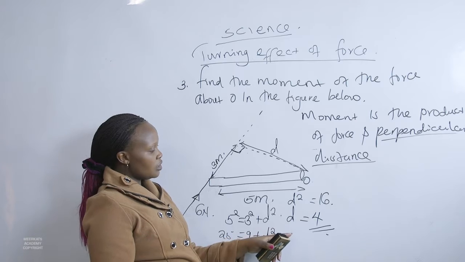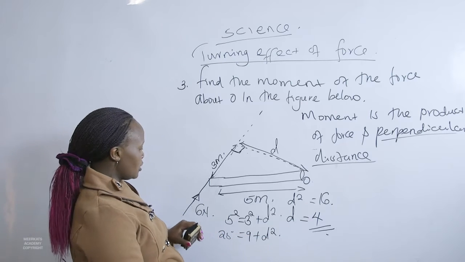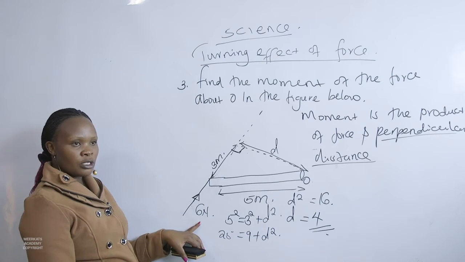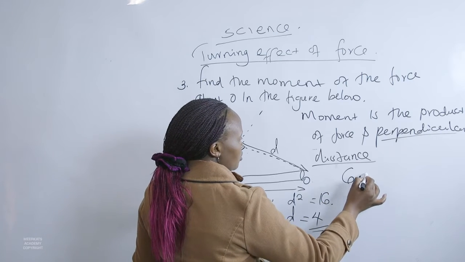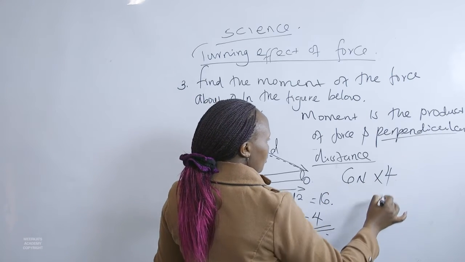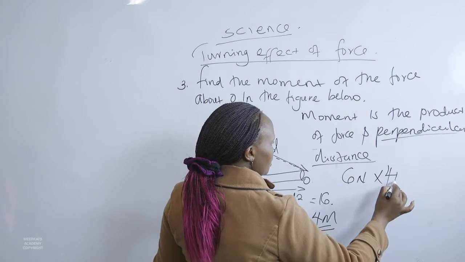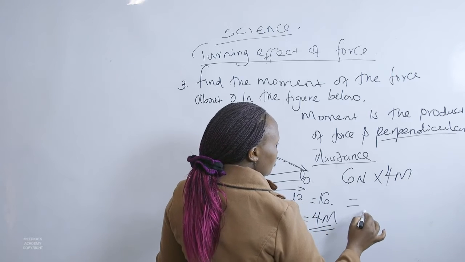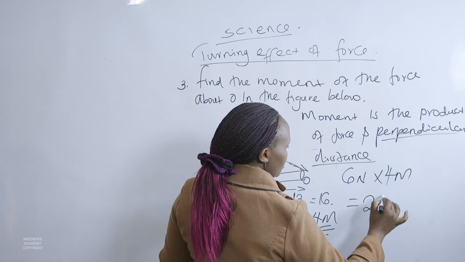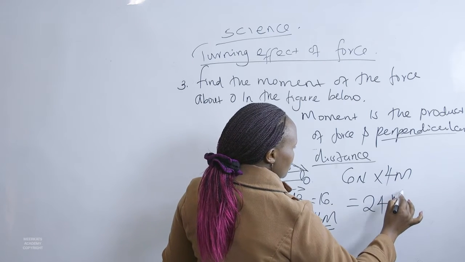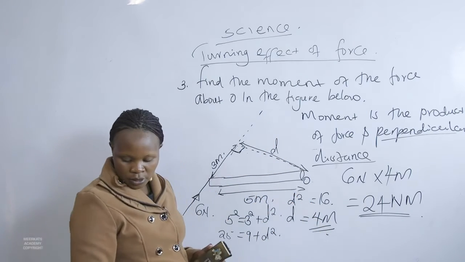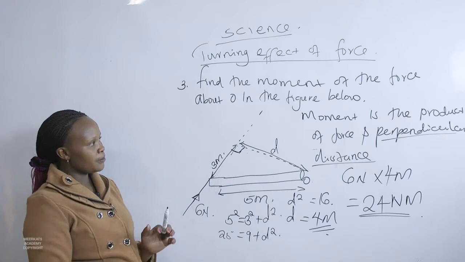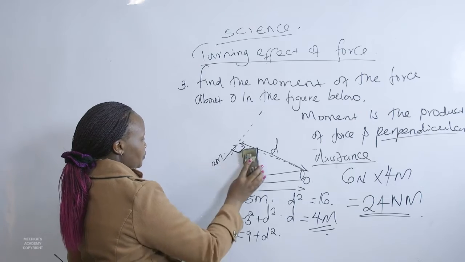Now, with this distance, we can take the magnitude of our force, which is 6 newtons, and multiply by our distance, which is 4 meters, so that now our moment can be taken to be 24 Newton meters.